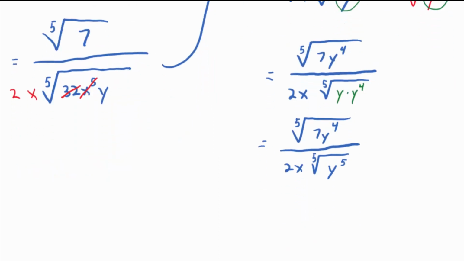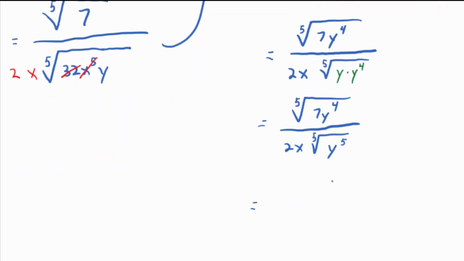Well, actually, there's nothing else to show. This will be the last one. Fifth root of 7y to the fourth over 2x, just y, right? Because this guy right here, the fifth root of y to the fifth, is y.